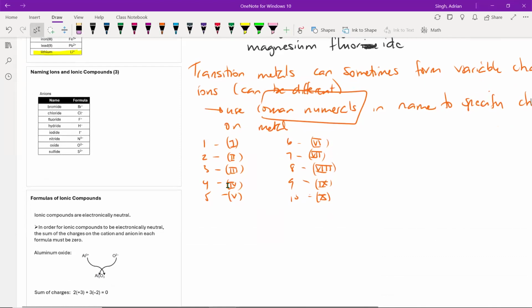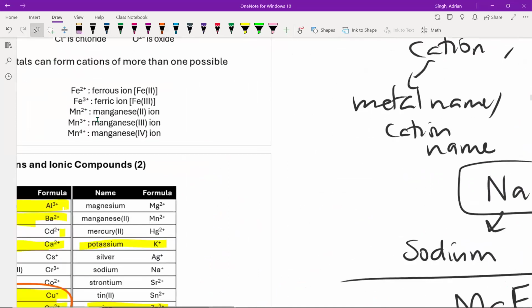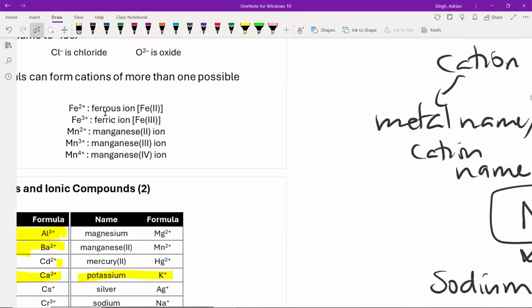Okay, so that's one thing to keep in mind when we do have transition metals. We're typically going to need the Roman numeral to specify the charge. So for example, if I say iron 2, what this means is that the charge on the iron is 2+. If I say iron 3, this means it's Fe3+. You might see in your textbook, and you might see other places, there are other ways by which they can be named. So for example, Fe2+ is also called a ferrous ion. Fe3+ is called a ferric ion.